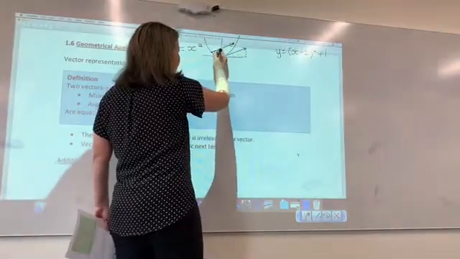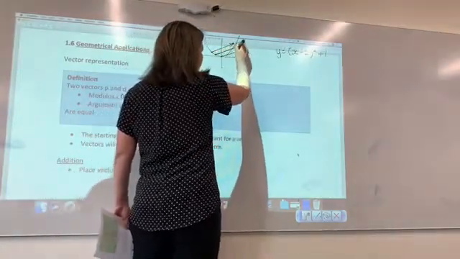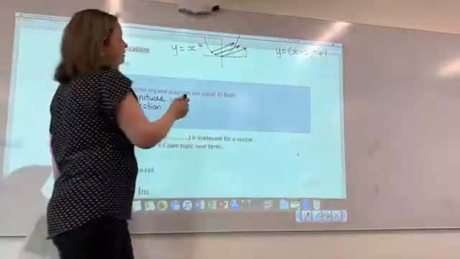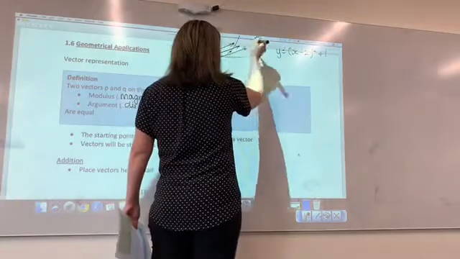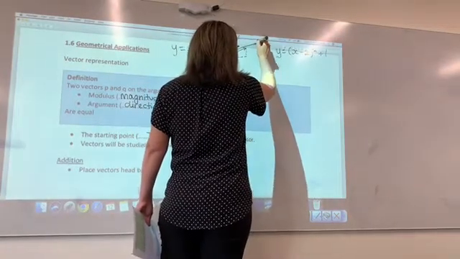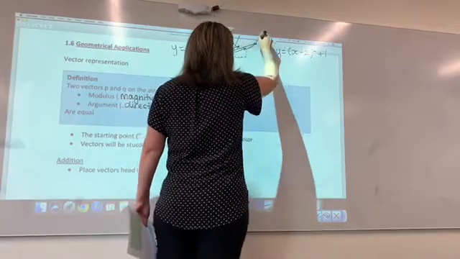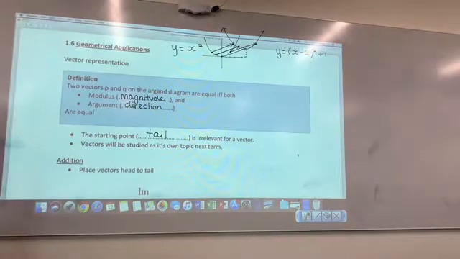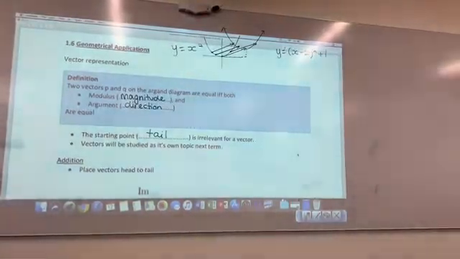Same with this one, same direction, same magnitude, and put it there. So the vector is just taking something and moving it somewhere else, almost like a translation when we were doing, like, year 7, moving points.